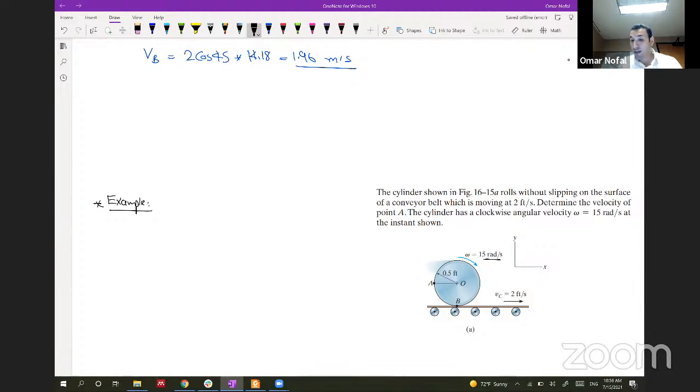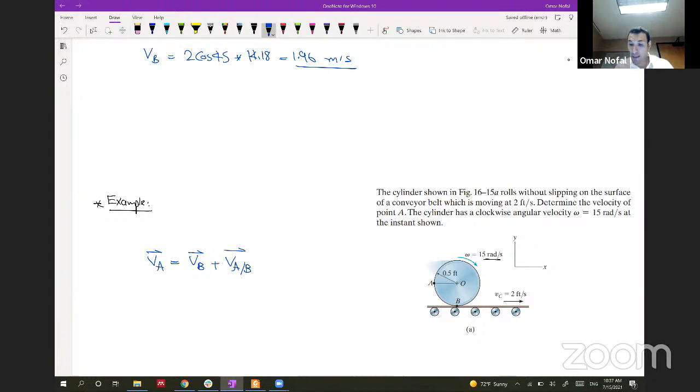So right now we need the velocity of A. But to get the velocity of A, we will be using the velocity at B. So we can say that the V at A will be equal to the V at B plus VA with respect to B. Okay, so let's see how we can get this.